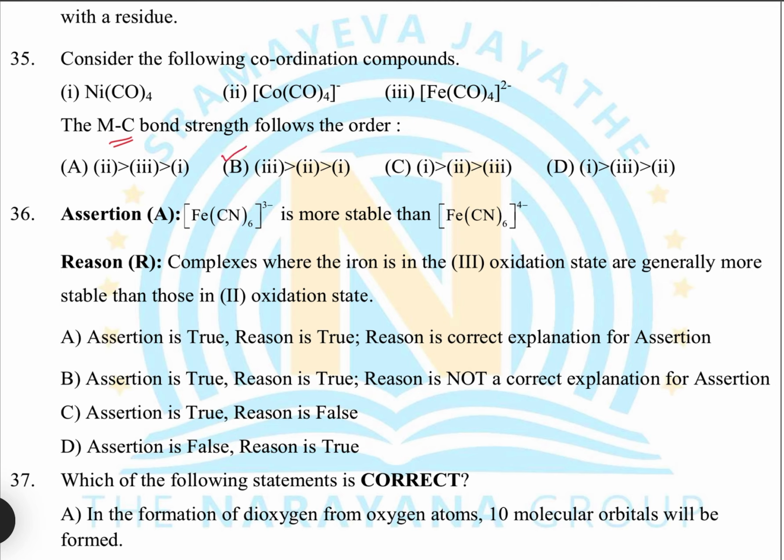Nickel tetracarbonyl oxidation state is 0, 4s2 3d8. Cobalt CO4 minus is again with 28 electrons. All electrons are same. Now, the metal should give the electrons more to the carbon.